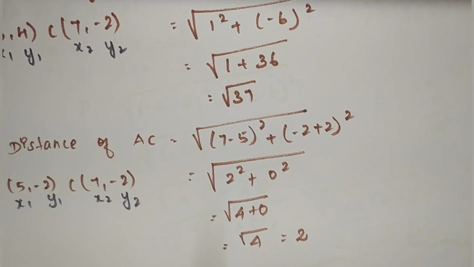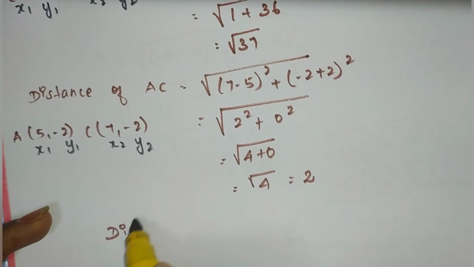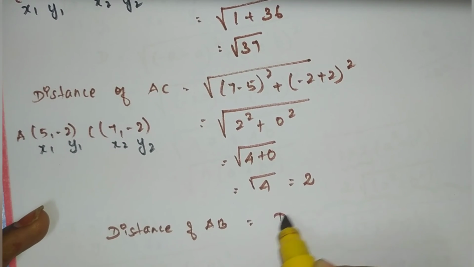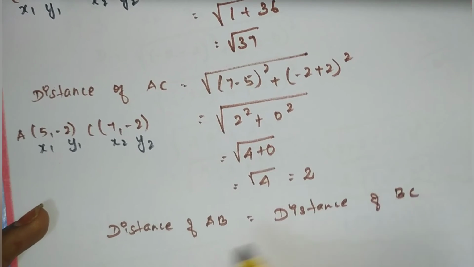The distance of AB is equal to the distance of BC. Both are equal.